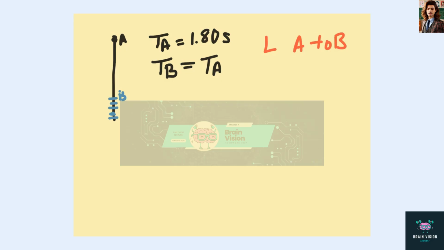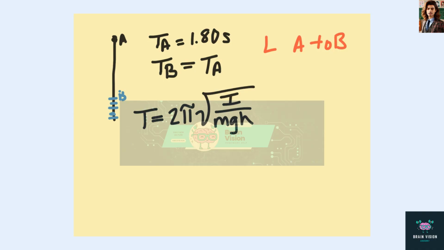We can use the equation period equals 2 pi times the square root of inertia divided by mass times gravity times height. And we're going to be swapping out for inertia.